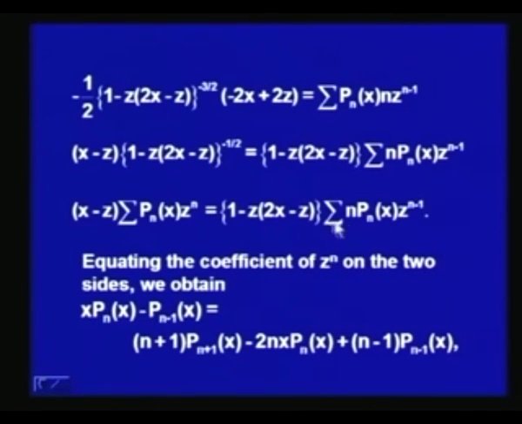And then on the right side when we take the coefficient of z^n, we will have n Pn(x) z minus 2x into n Pn(x), and here the coefficient of z^n will be (n plus 1) into P(n plus 1), because when you multiply this by 1 you get the coefficient of z^n as (n plus 1) P(n plus 1). On the left side the coefficient of z^n will be x into Pn(x), and then here the power of z becomes n plus 1.